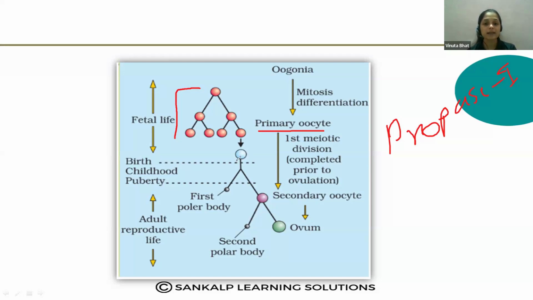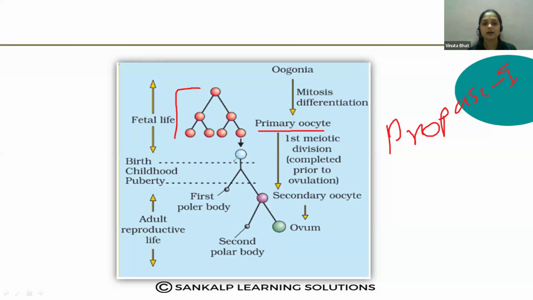When puberty arrives, the meiotic division completes and the ovum is released. From birth to puberty there is no development of the oocyte, no cell division, nothing. So it occurs in fetal life and after puberty.